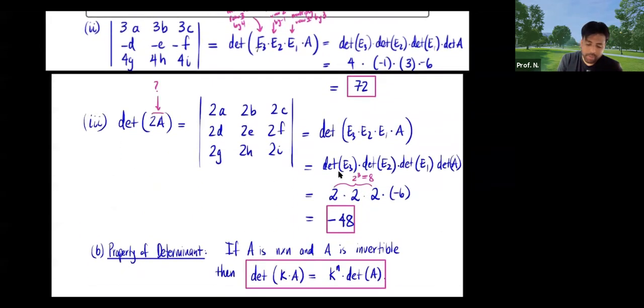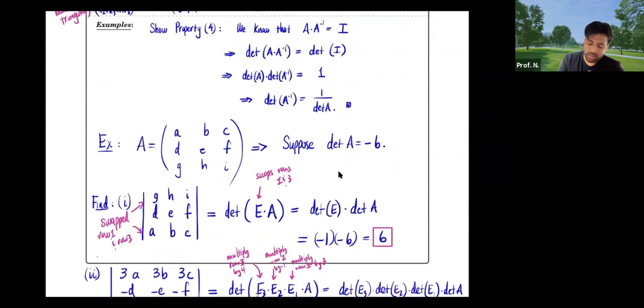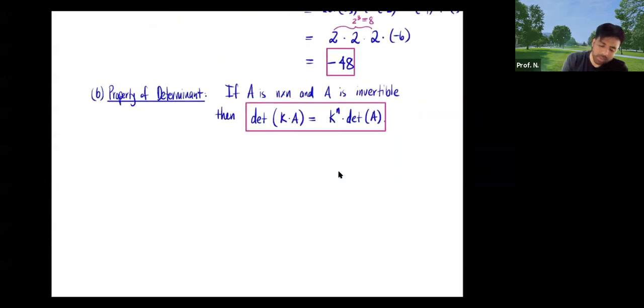Now there's another property that I'm going to discuss using this little example here. So this is the fourth one. And this is also very important, guys, very important.